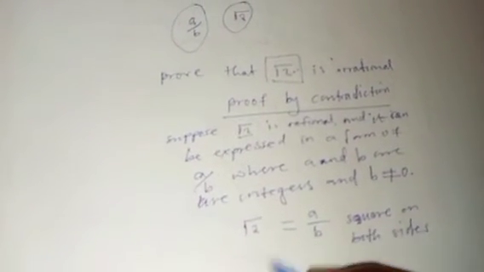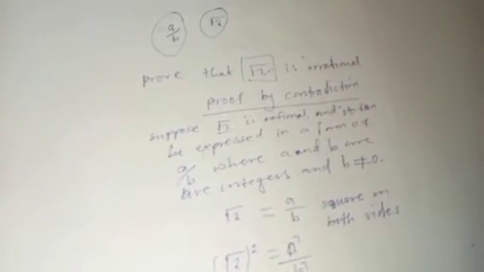Once you square on both sides, we're going to have 2 equal to a square over b square. Then this can also be written as 2b square equal to a square.